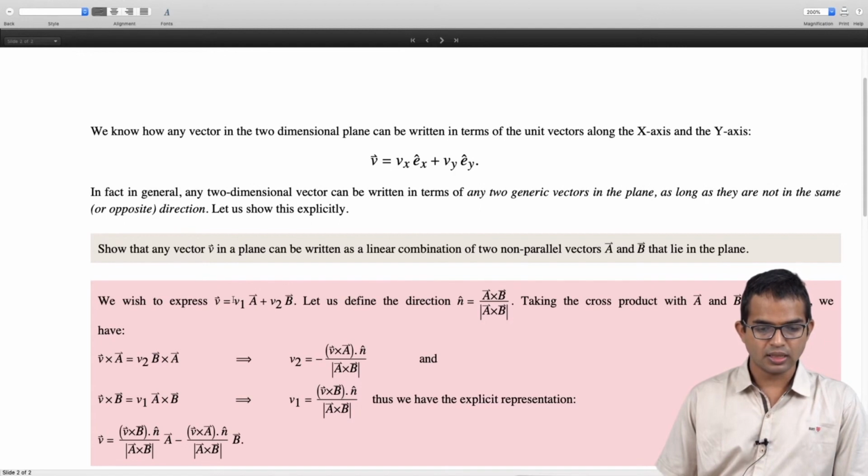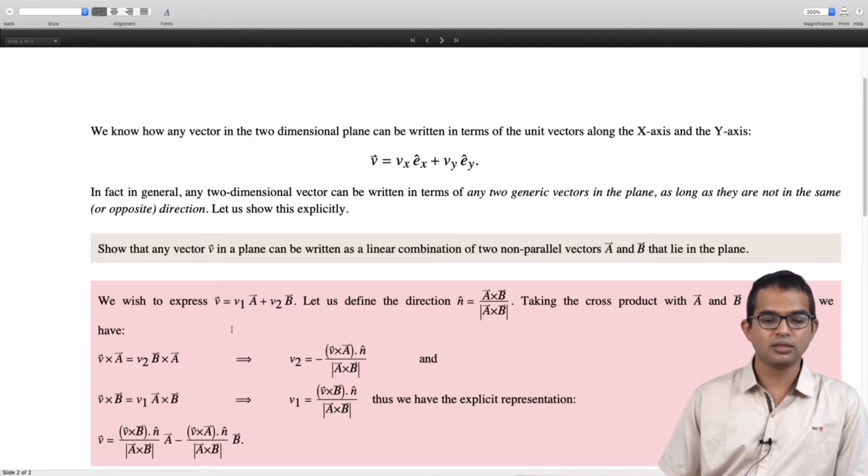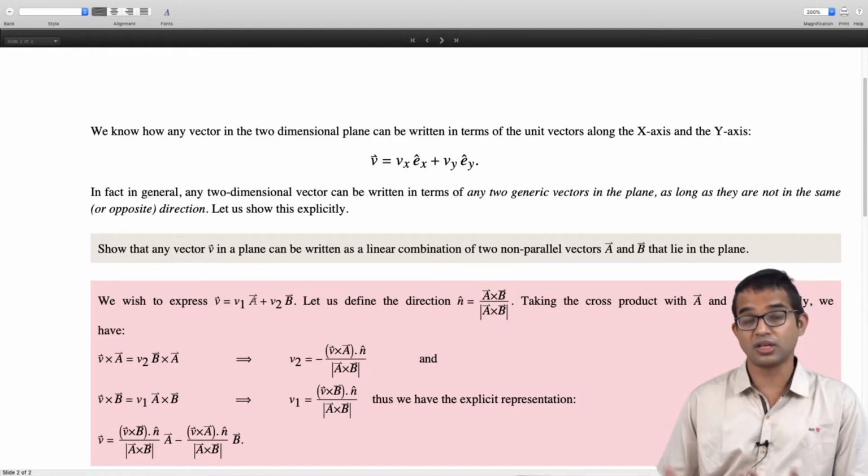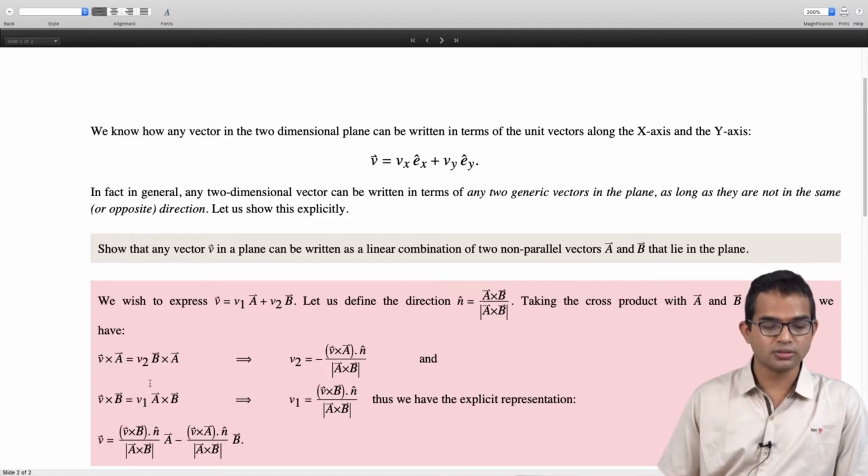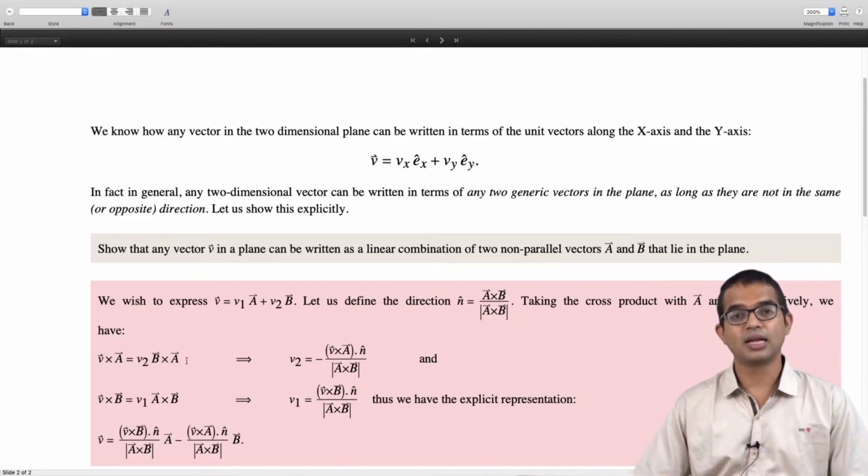So if I take the cross product of this vector V with respect to A, only one of these two terms will survive. It's going to be V2 times B cross A, because A cross A is 0. Then we can take the dot product of this equation on both sides with this unit vector n.